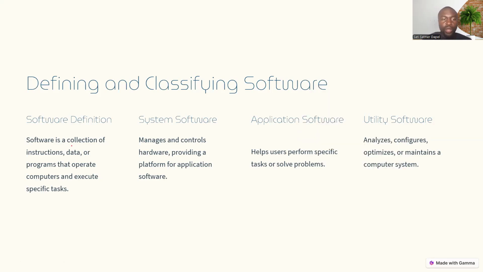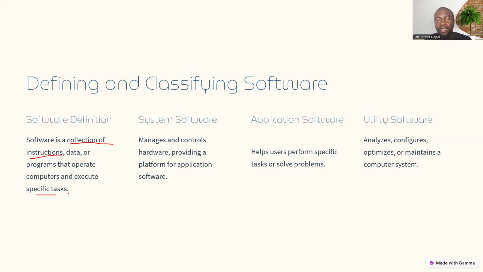Now, a software is a collection of instructions, data, or programs that operate computers and execute specific tasks. That is a software. In another form of definition, you will say a software is a set of instructions written by a programmer using a computer language in order to solve a problem.